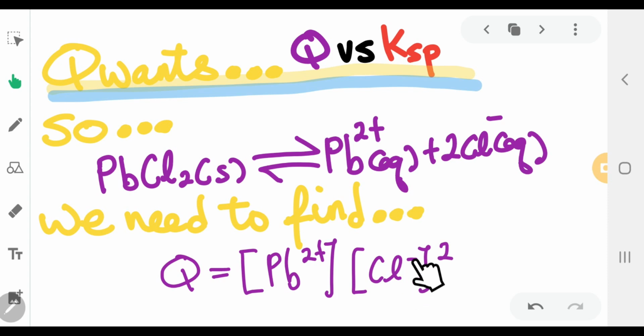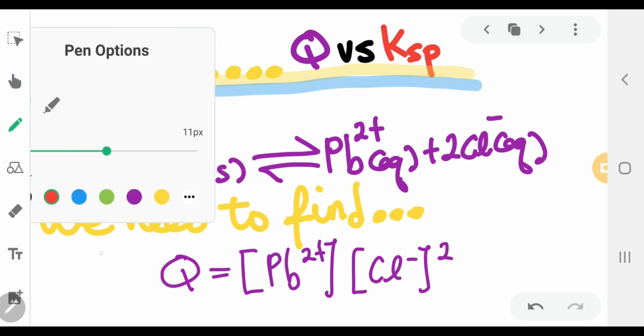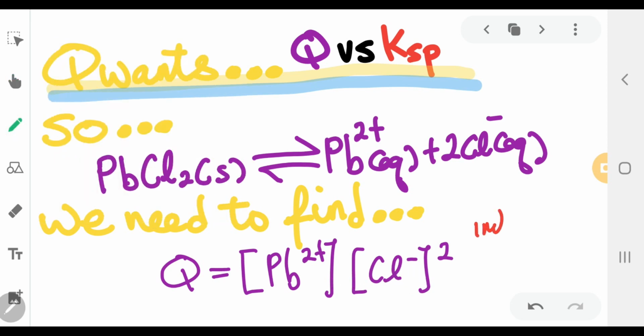This is the Q expression. Make sure it is correctly written. And now, after you have found out the Q expression, you should be able to get 1 mark for this Q expression and 1 mark for the balanced equilibrium equation for the slightly soluble salts.